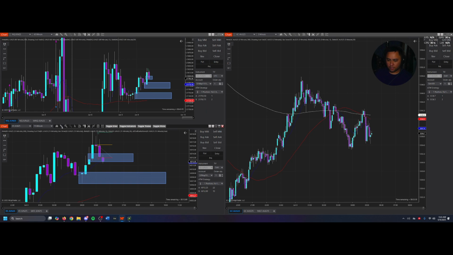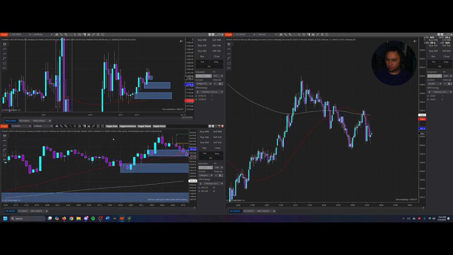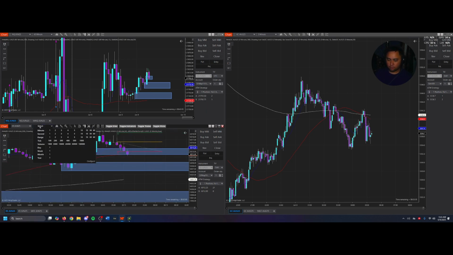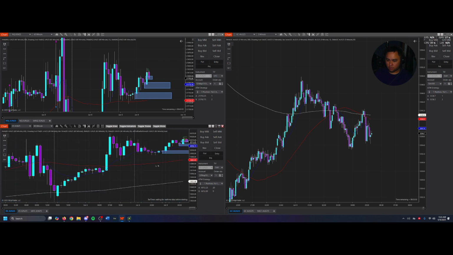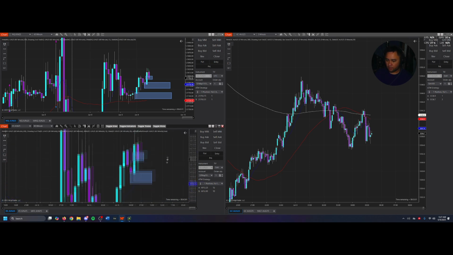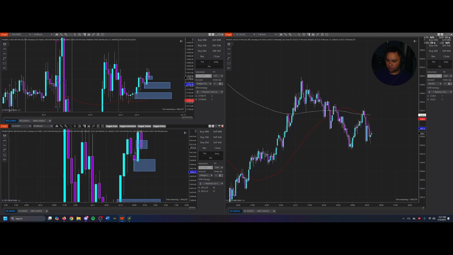Yeah, it looks like we're pushing past the first demand zone. We do have a 1 hour demand zone right here.